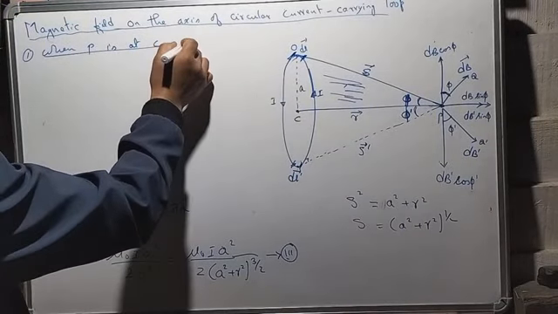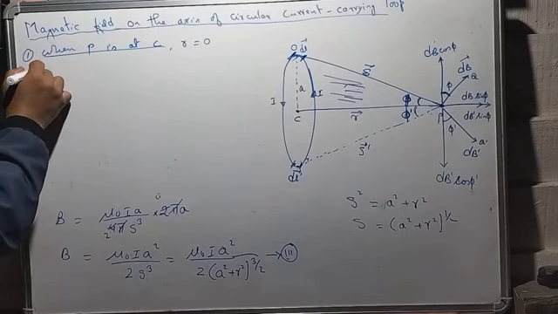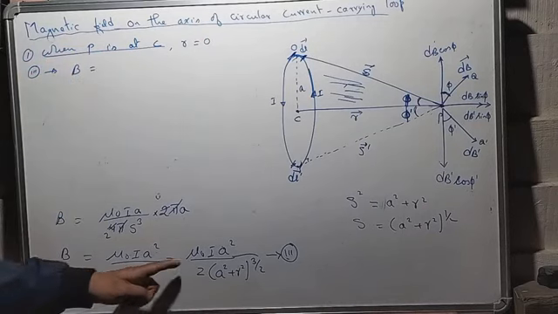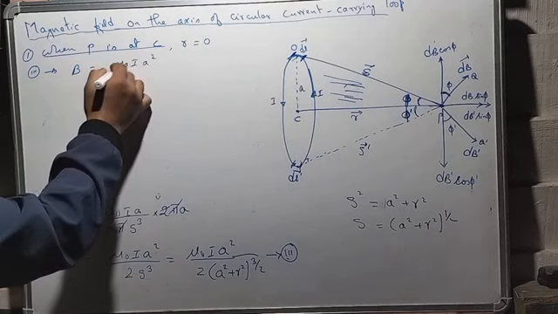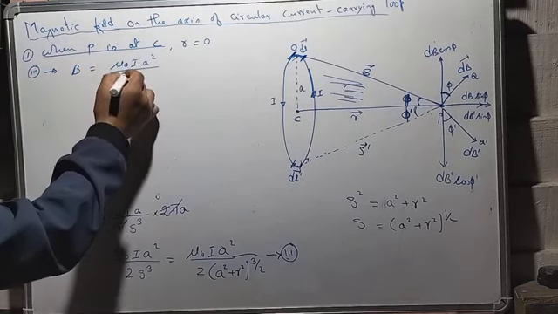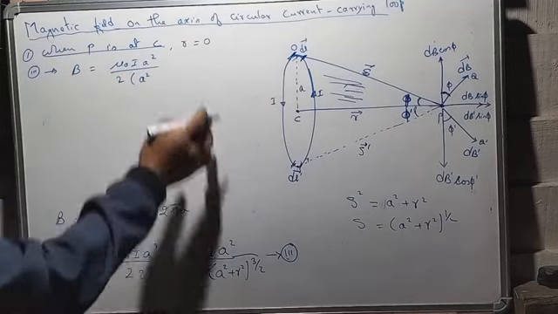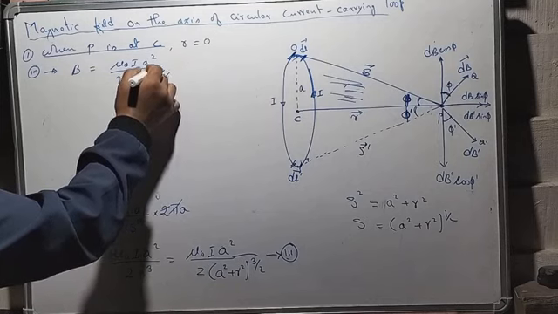So here r is equal to 0. When r is equal to 0, your equation 3 becomes how much? B equals mu naught I a square upon 2 and then a square. Since r is 0, that term will disappear. You'll have to the power 3 by 2 with this, so this with this cancels.